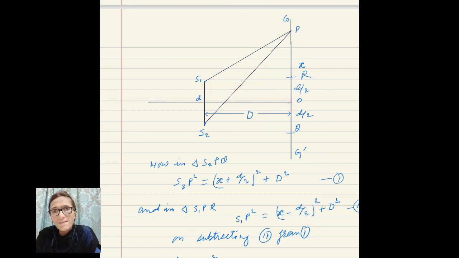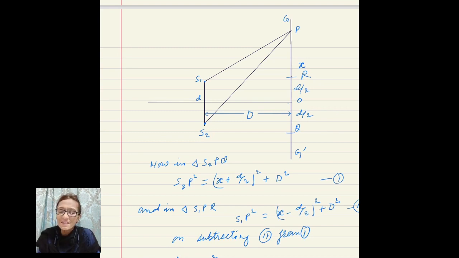So path difference is 0 and phase difference is 0, and therefore the 2 waves will interfere at this very point. There will be constructive interference between the waves, and a maxima will be obtained at this point O.